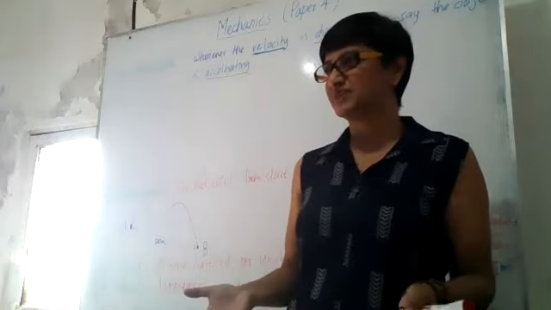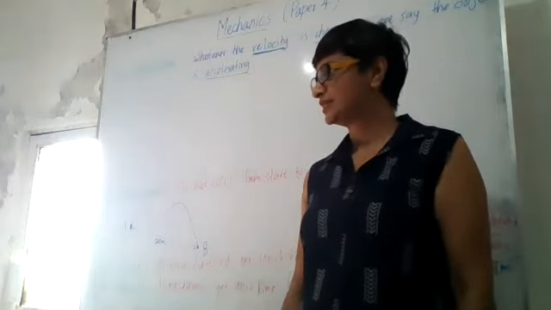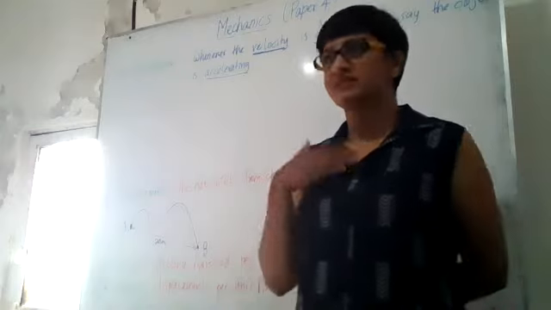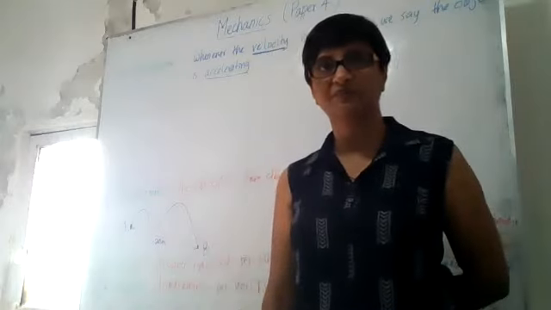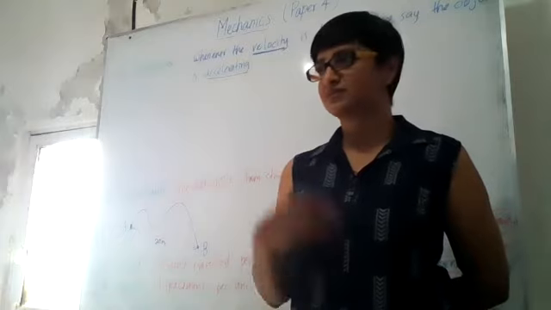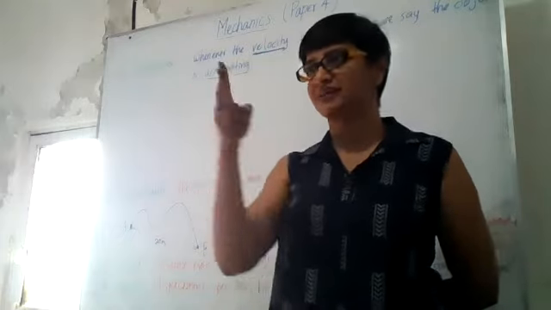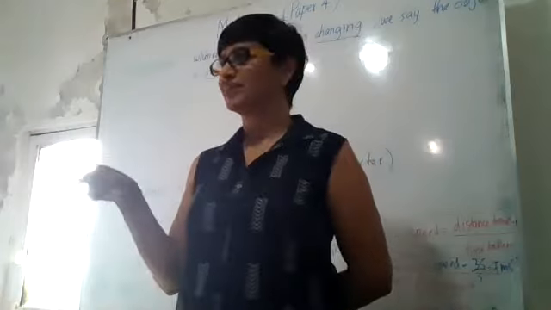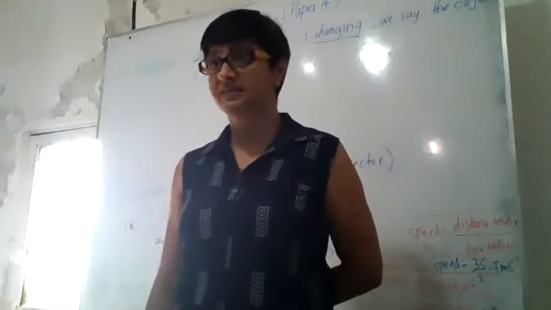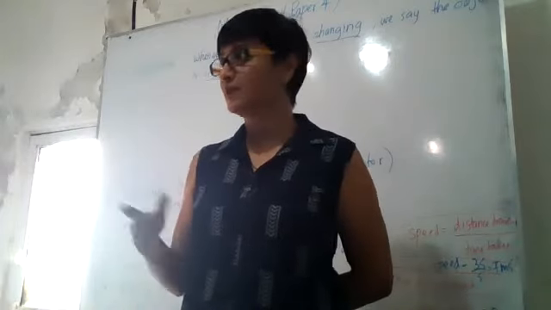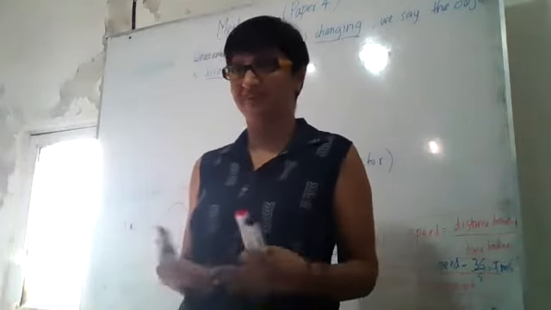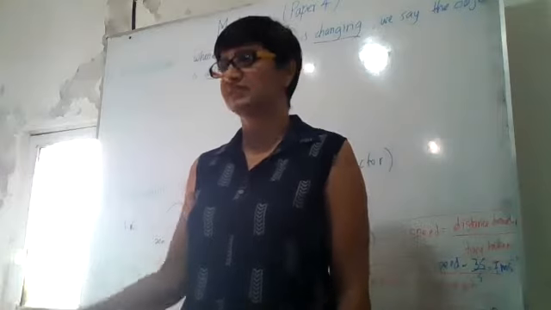How do we differentiate between those two? The velocity can change in two ways: it can speed up or it can slow down. If I just say something is accelerating, are you able to tell me whether it is speeding up or slowing down? No. So we need a way of indicating that.